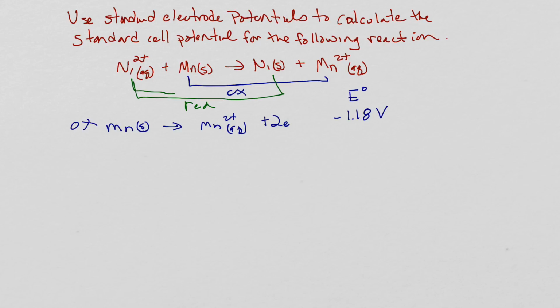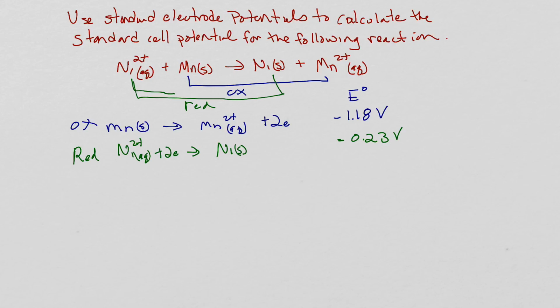Now let's do the same thing for the reduction. This is nickel 2+ plus 2 electrons goes to nickel solid. So there's my reduction. If I look that up in the table, it has a reduction potential of negative 0.23 volts. And so now it's a matter of calculating our cell potential.